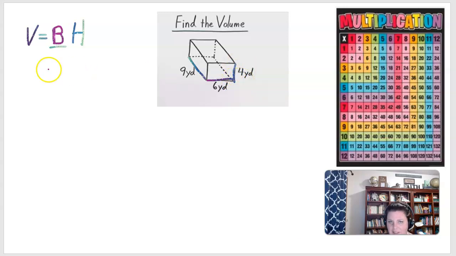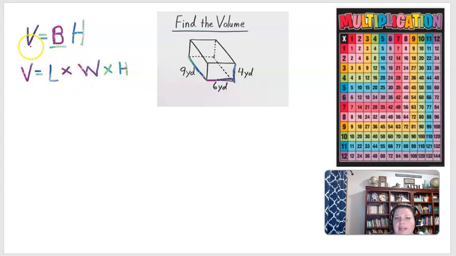That's height. So volume is equal to the length, or the longer side of the rectangular prism, times the width, or how wide it is, multiplied times the height, or how tall that rectangular prism is.